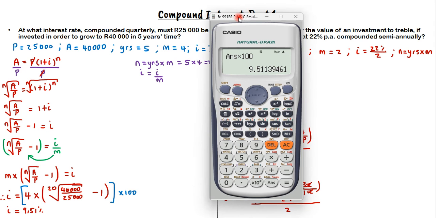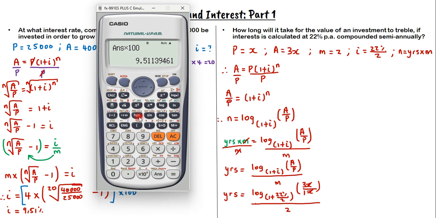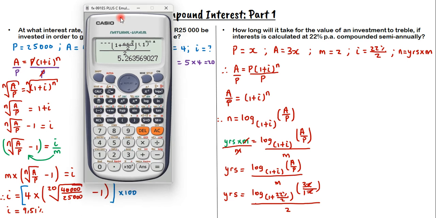Now getting into the calculator, we're just going to press as it is. So log 1 plus 22% over 2, and then we say 3 over 1. Remember, we have already cancelled those x. Then we divide this by 2, and then this becomes our answer.